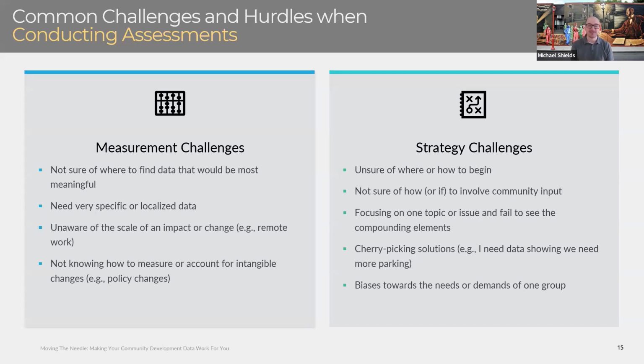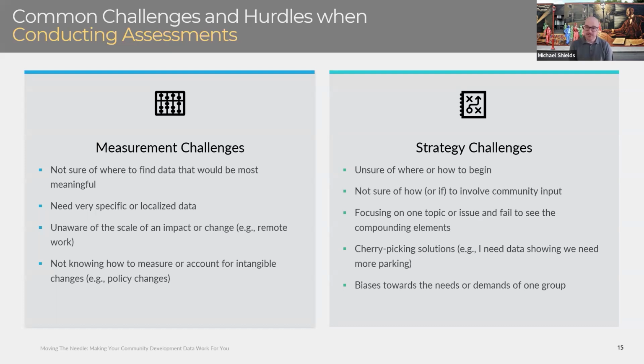So some people aren't thinking about the full impact of a change or the scale of something or the data that's available. Or they just don't know how to measure it. Some of the intangible changes out there, like, we enacted a policy and we would love to see how that policy is causing shifts in businesses or development or housing. So how do I do that? How do I measure that?